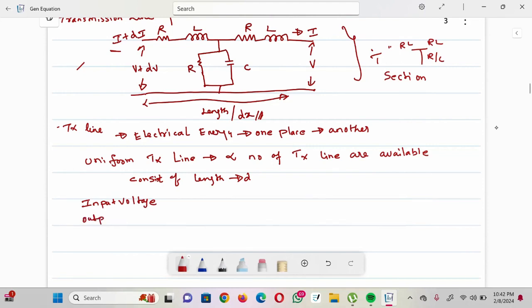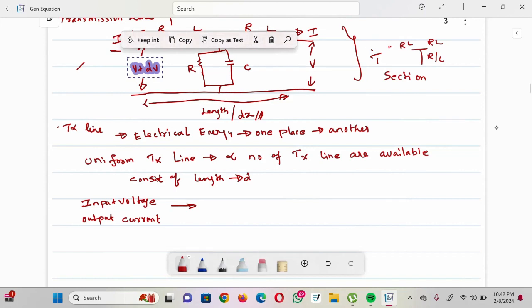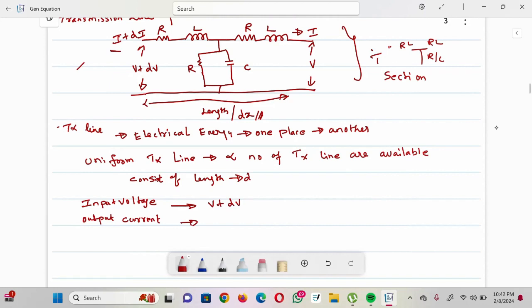Our objective is to take the current. The input voltage we mention here as V plus dV, and the output current here we call I.